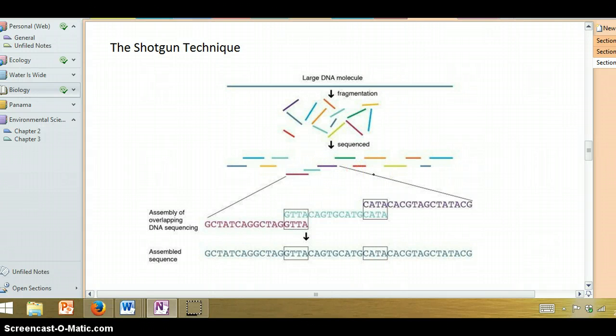You'll cut that DNA with a couple different types of restriction enzymes, so you end up with pieces that overlap each other. Where the overlaps are, you get a match. So you sequence smaller pieces, which makes the job easier, but then you can use computing power to match up all those pieces and figure out the sequence for the large piece of DNA.